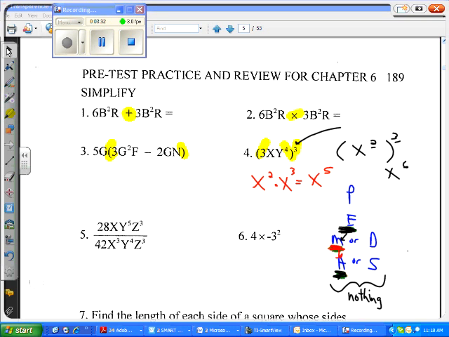So when you add, you do nothing to the exponents. Example, 2x squared plus 2x squared is 4x squared. When you add or subtract, the name stays the same, meaning you leave the exponent alone. And you couldn't even add them unless the name was the same.